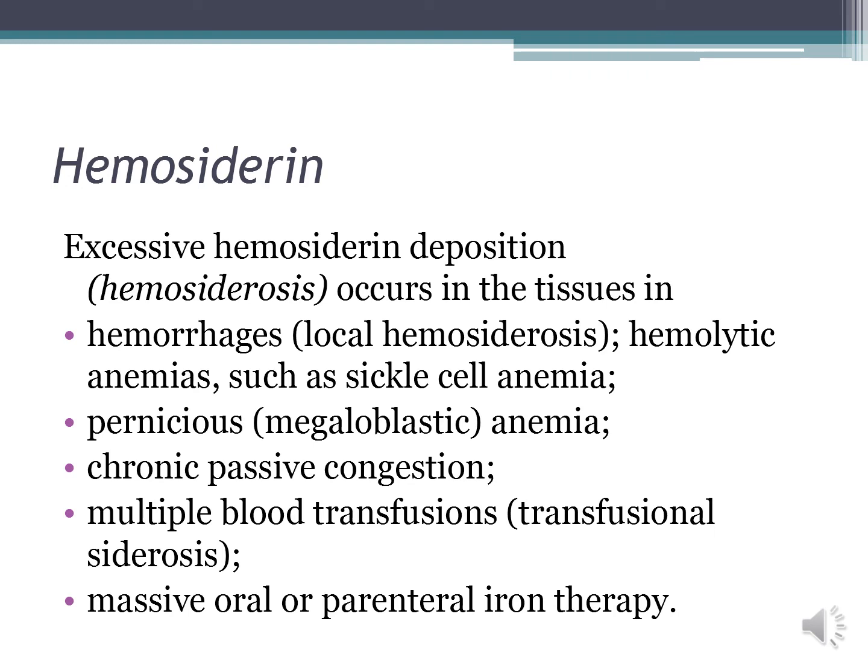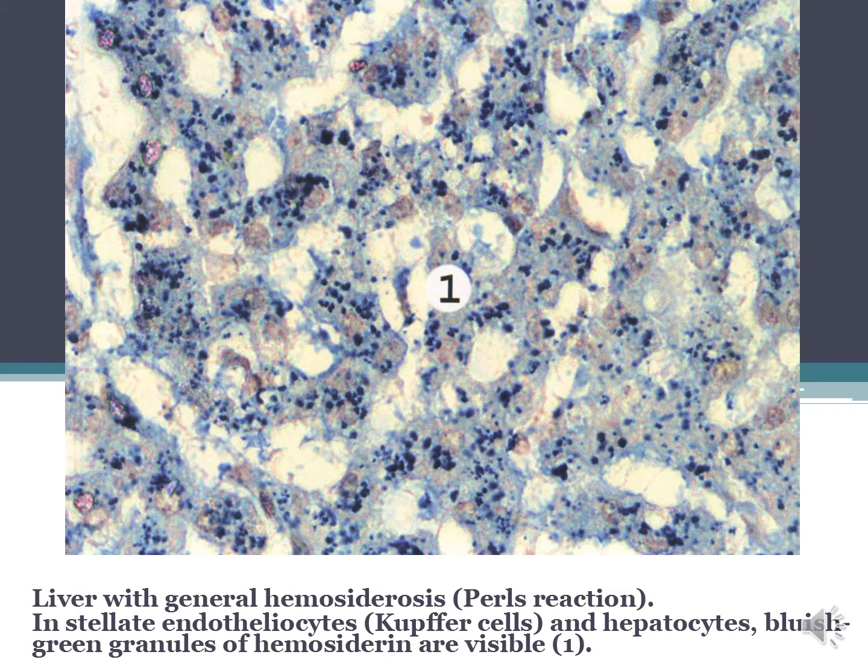But other causes like hemolytic anemias, such as sickle cell anemia, for example, pernicious or megaloblastic anemia, chronic passive congestion, multiple blood transfusions, and massive oral or parenteral iron therapy may cause diffuse hemosiderosis. So we see here the general hemosiderosis.